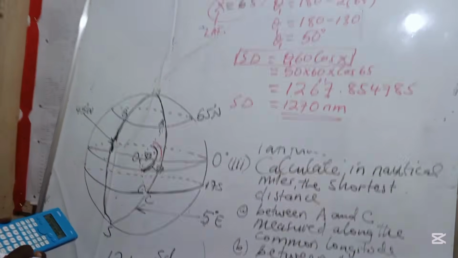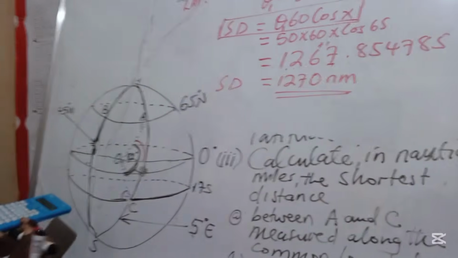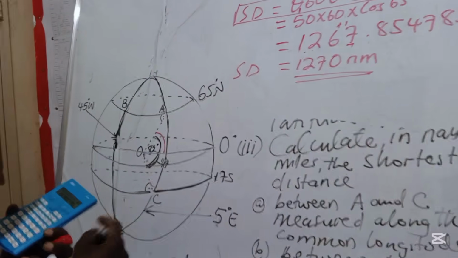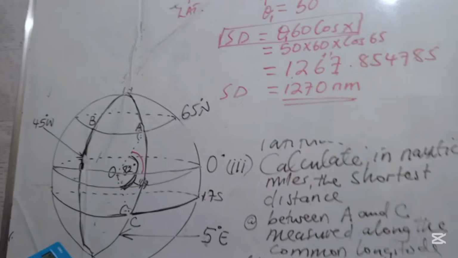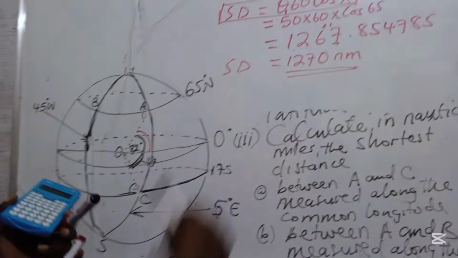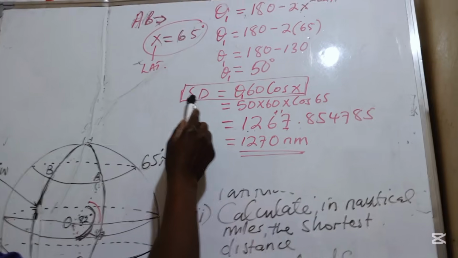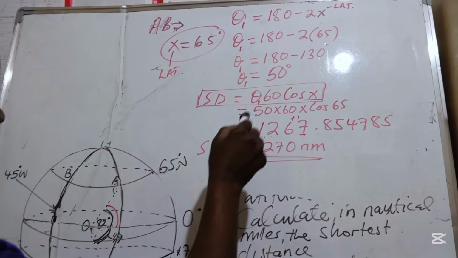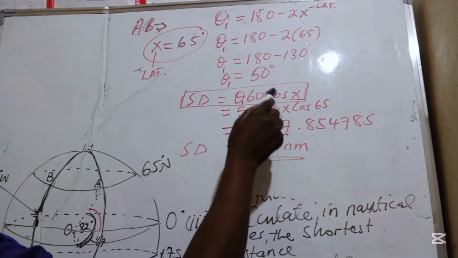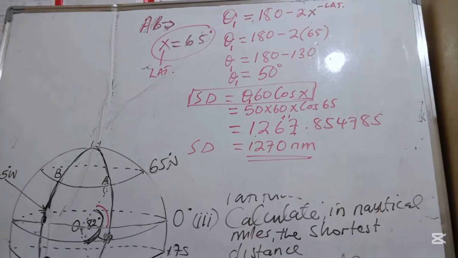Once you establish it, then you have to look for special theta. I'm calling it special theta because always you have to look for this one for you to come and fit it here. So you can say shortest distance is theta 1 times 60, then cos x. So always this is what you should be remembering.